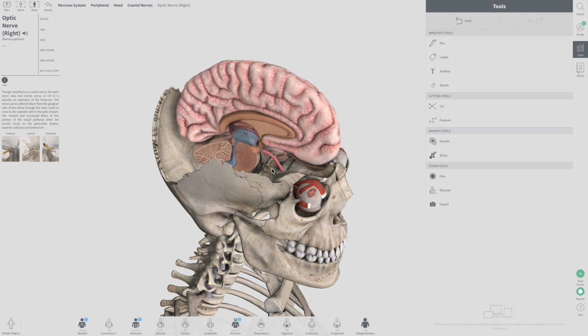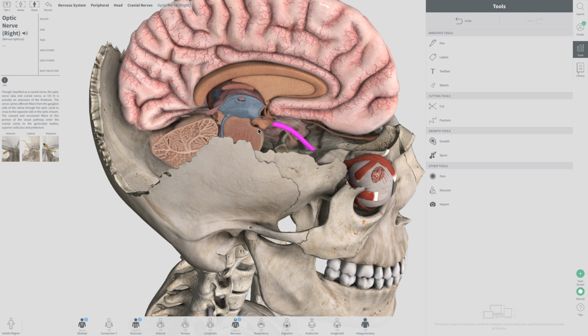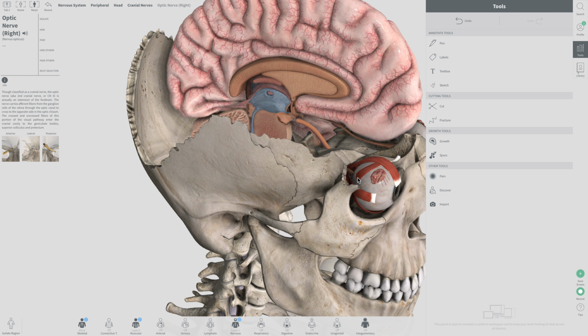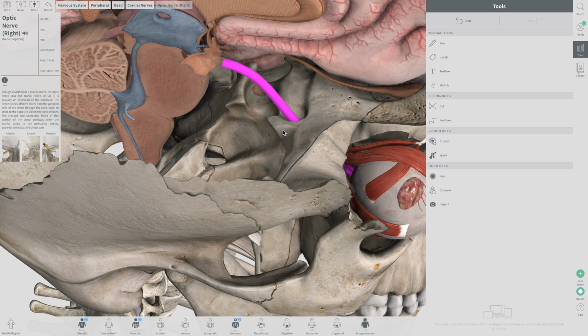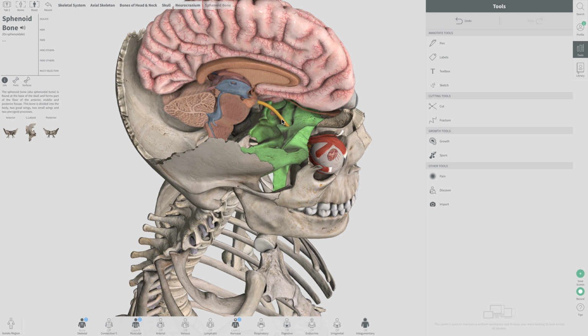Obviously this is your brain, and it connects directly to your brain, and the other end of it is your eyeball. There is a pretty big bone that your optic nerve runs through.